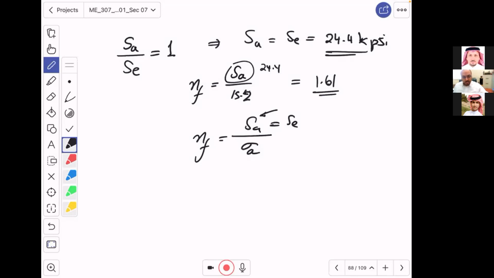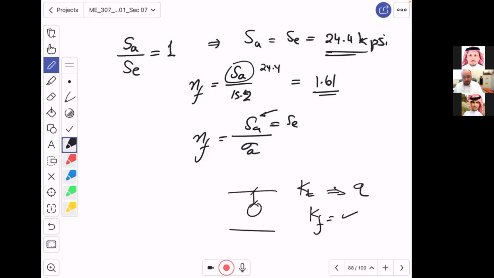Now, what I am going to do, I will skip the next part because it is a repetition of the first one, which is dealing with the hole. What are we going to do? We go and get the KT, and then we need to find the q, and from q and KT we can find KF.